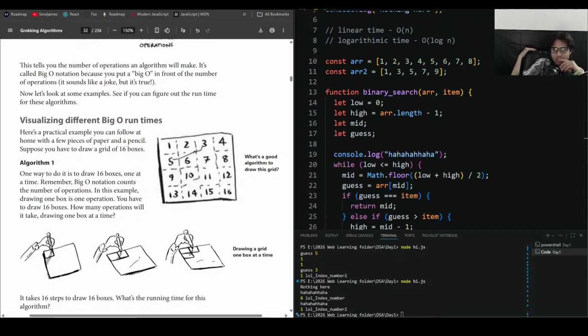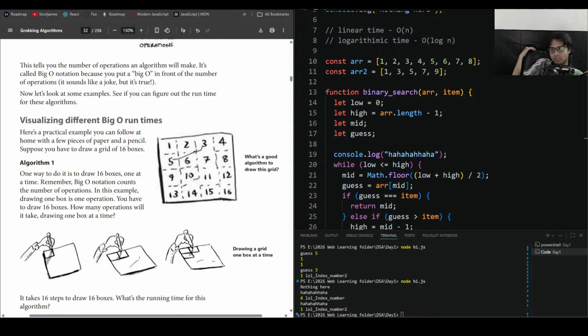Algorithm 1: one way to do it is to draw 16 boxes, one at a time. Remember, big O notation counts the number of operations.